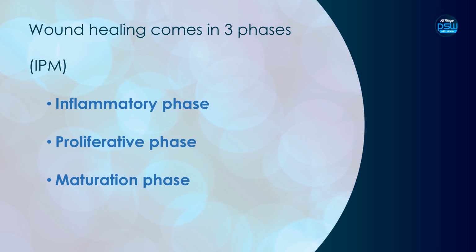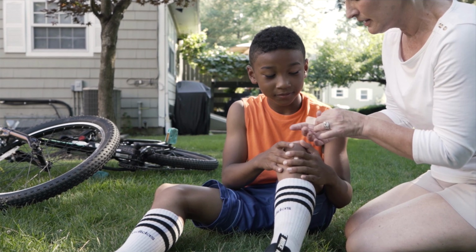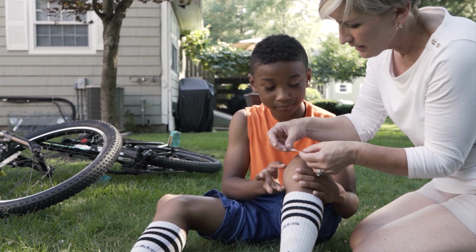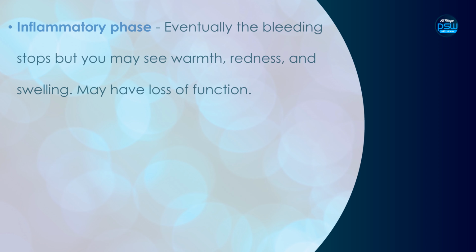So we've spoken about the wounds, right? The wounds are there. So let's pretend you fell off your bike, and now you're going to need to heal. The first phase after you fall off your bike is the inflammatory phase. What does inflammatory mean, or what does it come from? That's inflammation. So every time you have inflammation, there's a lot that happens to your body.